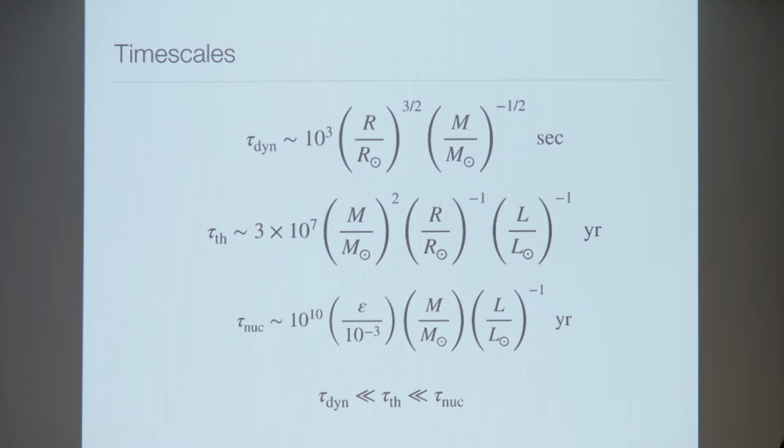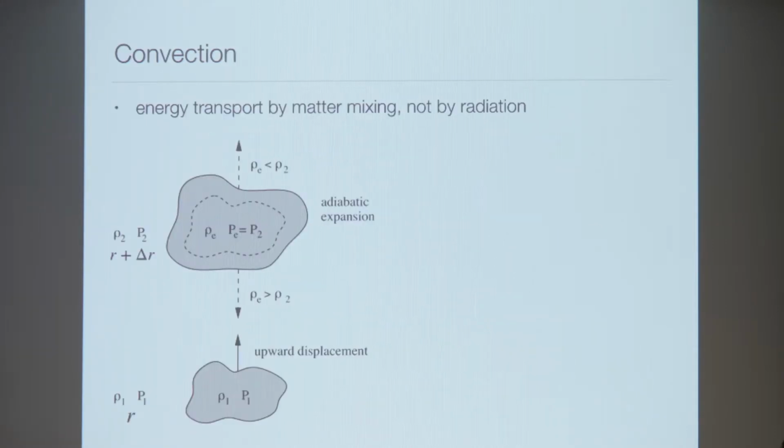So that was about the timescales. And here is the convection we were talking about. So far, I assumed that the only way energy is transferred in a star is through radiation transport.